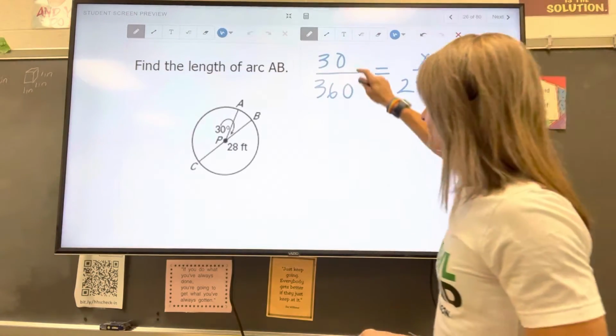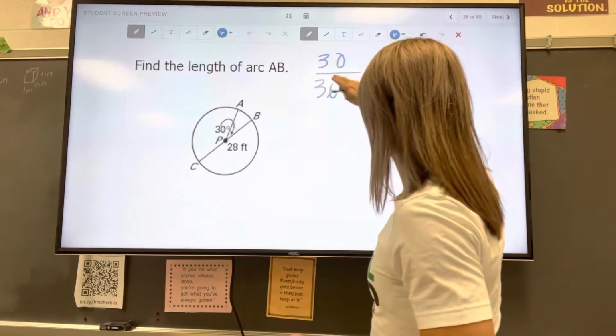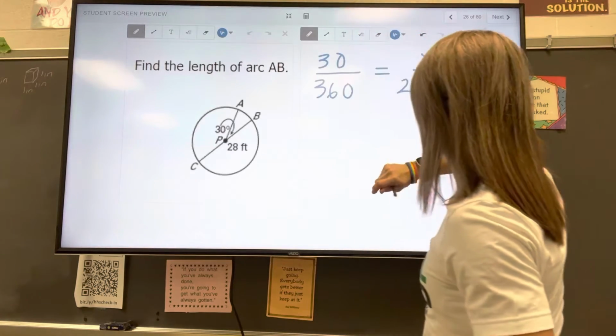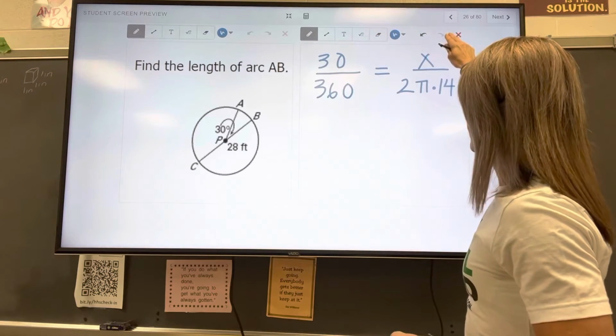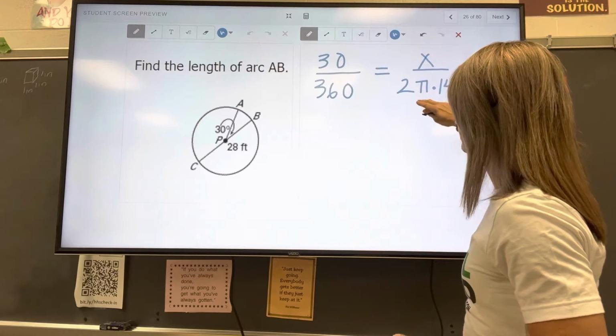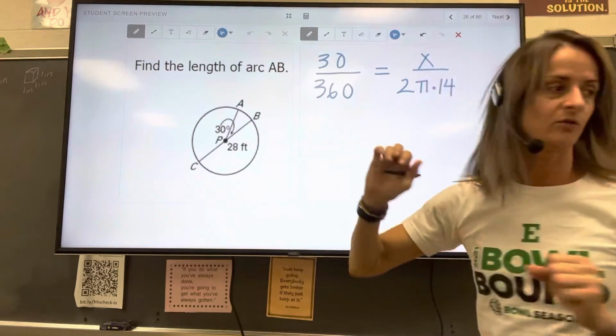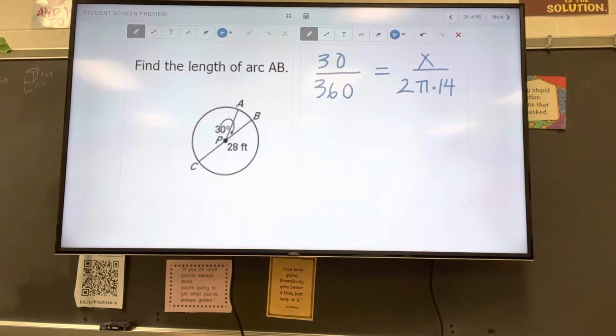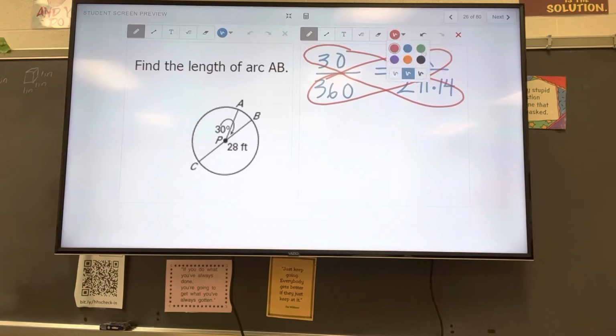Okay, so 30 degrees out of 360 is the same ratio as the length of the arc is to the circumference. Now we have a proportion where we cross multiply and divide. Now I'm going to write this out this one time, but you don't have to write this out anymore. But if I don't right now, people might have questions.